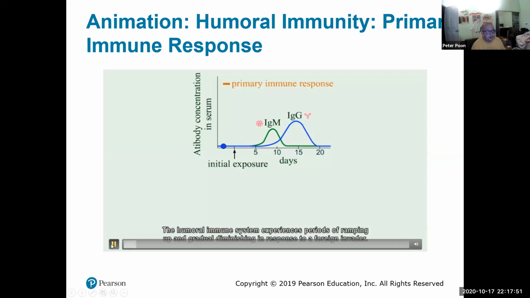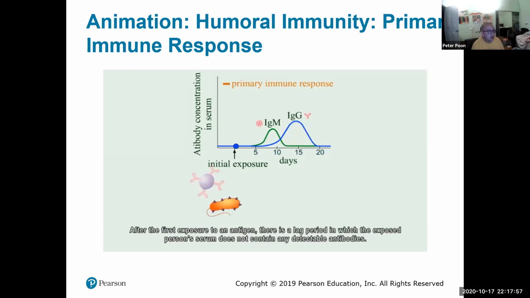The humoral immune system experiences periods of ramping up and gradual diminishing in response to a foreign invader. After the first exposure to an antigen, there's a lag period in which the exposed person's serum does not contain any detectable antibodies.